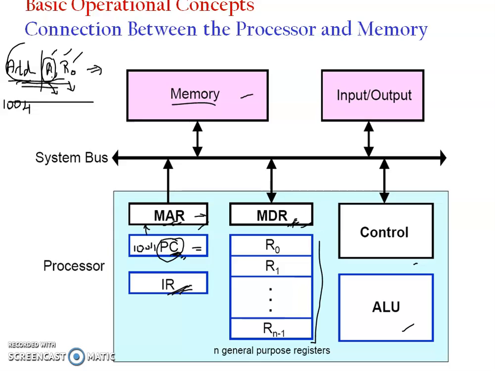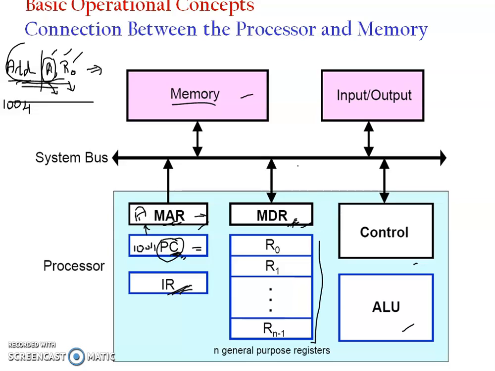For that purpose, A is a variable here, which means it points to some memory location, and that address will be copied to MAR. This operand A will have some address, and A's address will be copied to MAR.